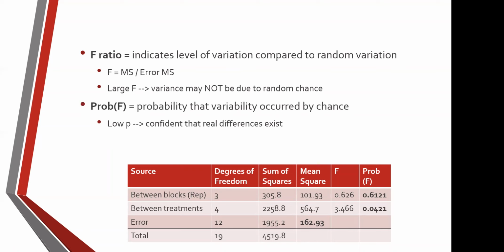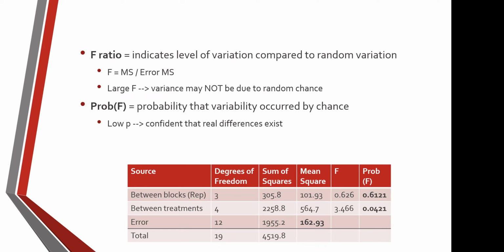So to quantify this, we calculate a p-value, the probability that the observed differences in treatment or block, whichever source you're looking at, could have arisen by chance. So a low p-value, typically less than 5% or whatever alpha level that you're running at, indicates that we can be confident that there are real differences among treatments.